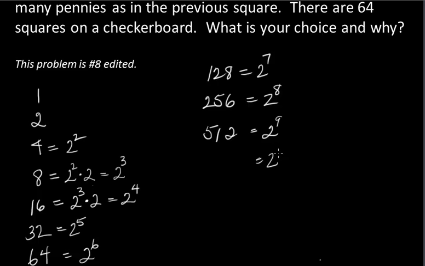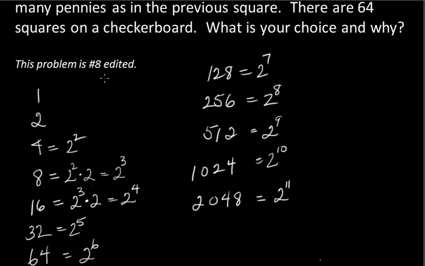2 to the 10th. We're collecting here, we're writing a list of powers of 2. So that would be 1024. And let's do one more. If we double this, we get 2048. 2048 is 2 to the 11th power.